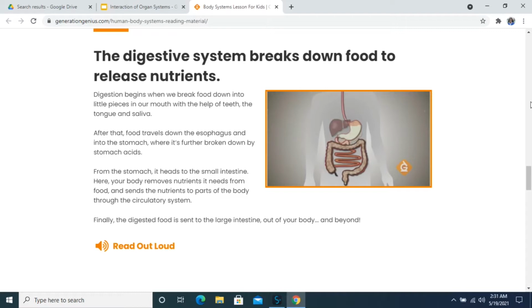Here, your body removes nutrients it needs from food and sends the nutrients to parts of the body through the circulatory system. Finally, the digested food is sent to the large intestine, out of your body and beyond.